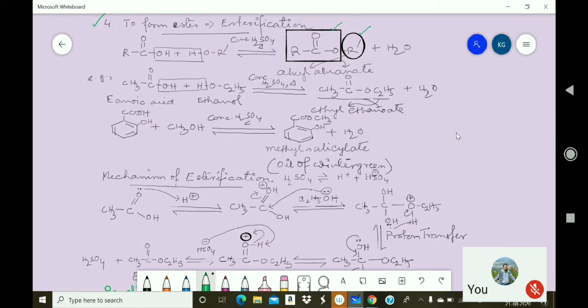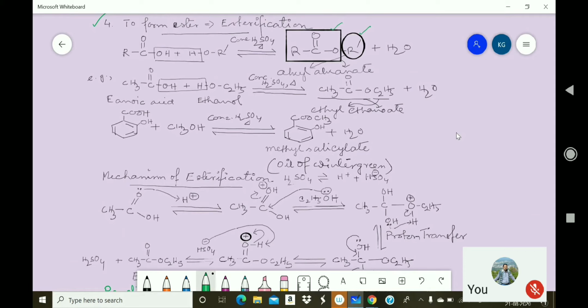Likewise, this is salicylic acid. When treated with methanol in presence of concentrated sulfuric acid, it gives rise to methyl salicylate. This methyl salicylate is also known as oil of wintergreen, which is usually used in pain-relieving balms.